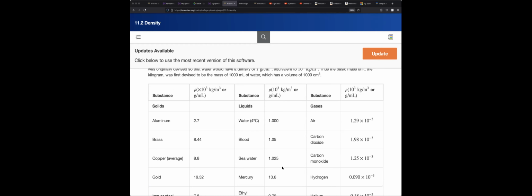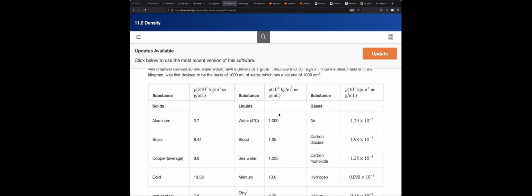The different elements have different, what we call isotopes. So different isotopes have different amounts of neutrons and they have different densities.